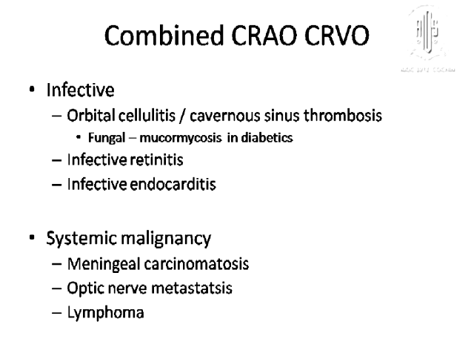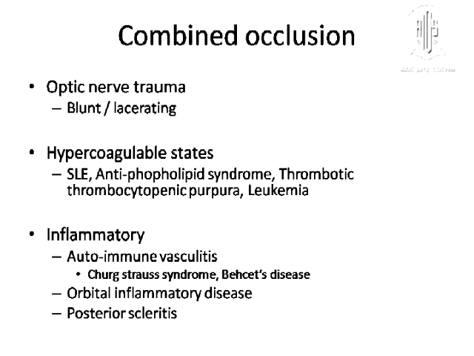So this is a kind of an ischemic necrosis which can give rise to both combination of CRAO and CRVO. Infective retinitis, as in CMV, and infective endocarditis can also cause combined CRAO-CRVO. Systemic malignancies, particularly meningeal carcinomatosis and optic nerve metastasis, lymphoma, these infiltrate the optic nerve, giving rise to occlusion of both. Optic nerve trauma, such as blunt or lacerating trauma, hypercoagulable states.